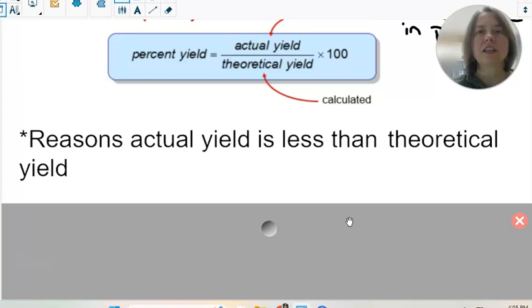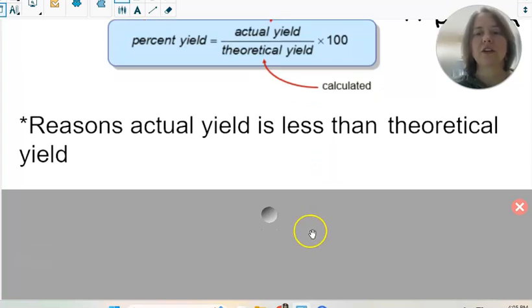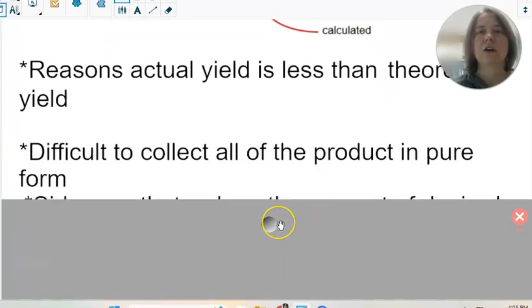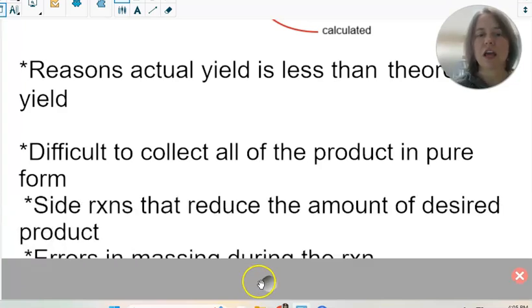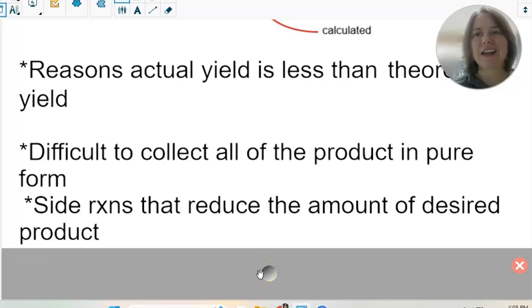What are some reasons that actual yield is less than the theoretical yield? Well, one of them is that it is difficult to collect all of the product in pure form. So sometimes you didn't get all of the product, sometimes it's not pure copper, maybe there were some side reactions and you have some copper oxide, and so now it's not all pure copper.